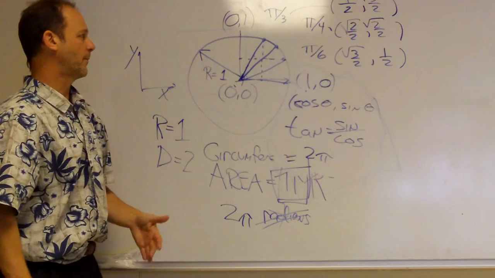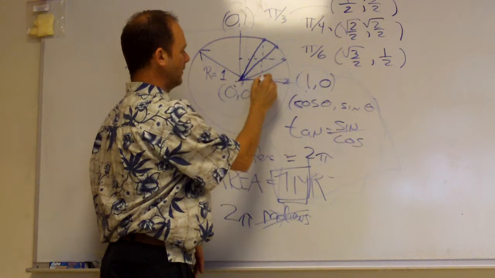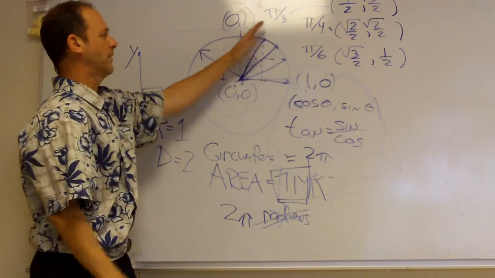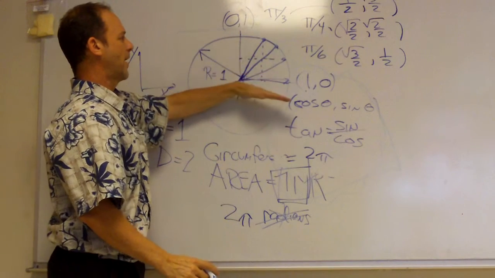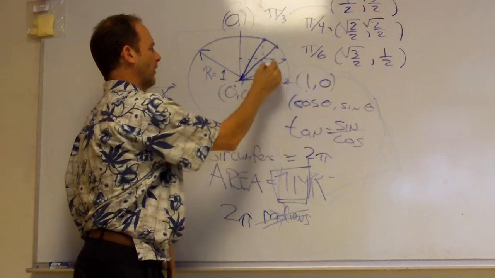You can divide it up by taking the bisector of the radii here and forming a pi over 3, a pi over 4, and a pi over 6 angle coming up from here, there, and there.